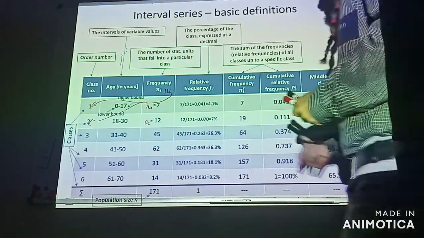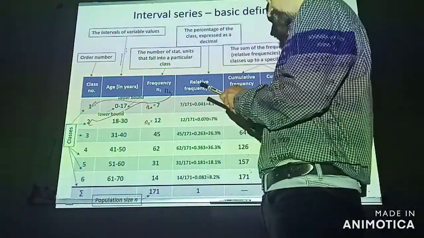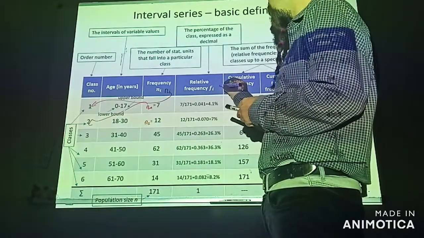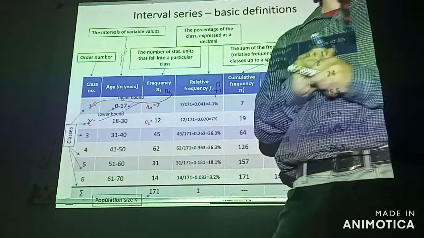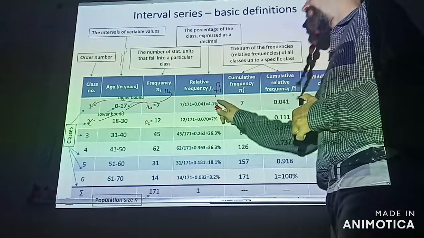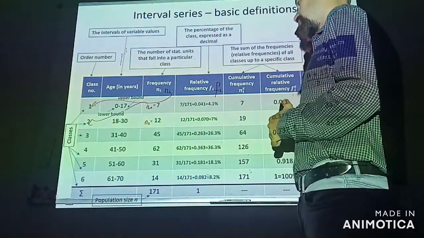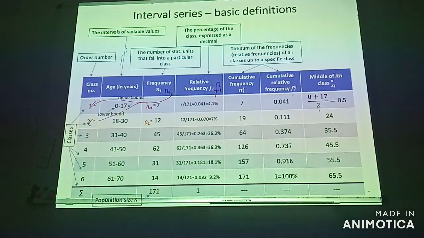We can move to the next column, where we have relative frequencies. We write the symbol of relative frequency as Fi, in which i refers to a specific class.